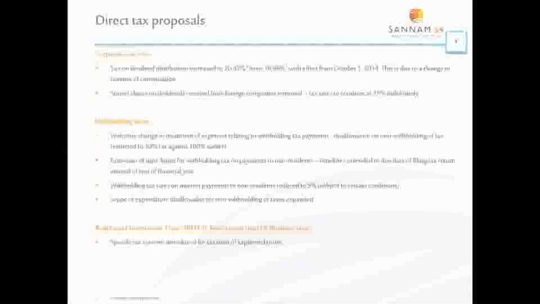We move on to another one. When the Indian parent receives dividend from the foreign subsidiaries or the foreign companies, there is a reduced rate of tax, which is 15%. This was supposed to have a sunset clause. However, the government has announced, and the finance minister made it very clear, that this reduced rate has made possible a lot of collections, money coming into the economy of the country.